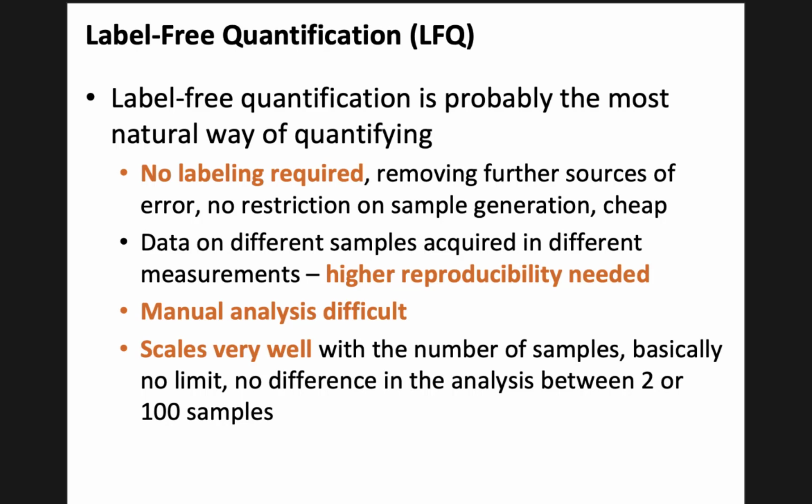That causes some variation. And in order to analyze the data sets, you need to have some software support, because you can no longer inspect individual spectra and just measure the height of the peaks. Instead, you actually need to compare across runs, and the data sets tend to be rather extensive.